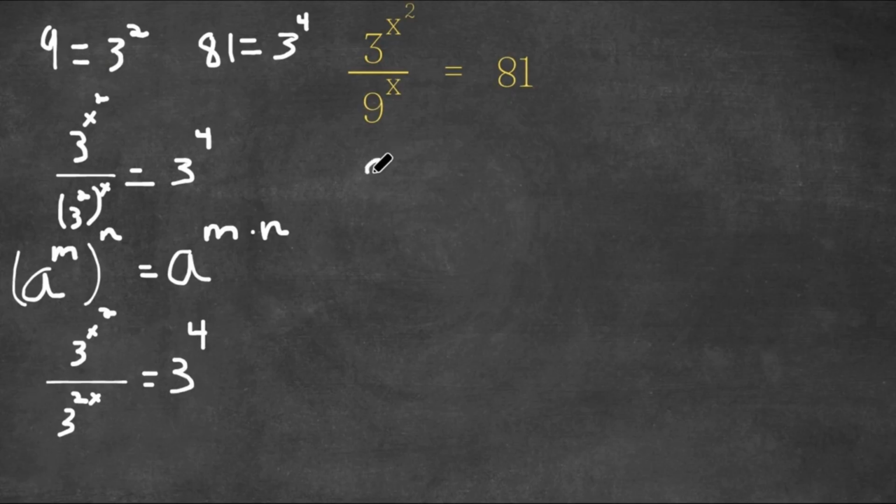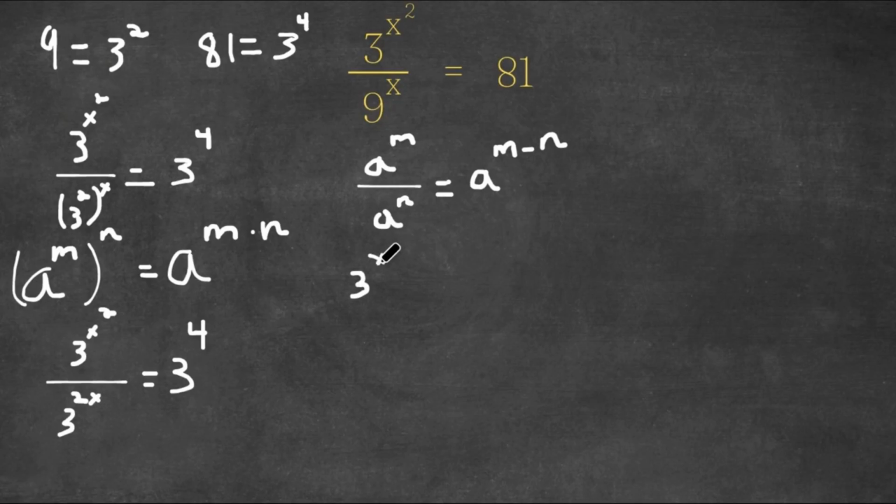Now, if we have a to the power of m over a to the power of n, so essentially dividing exponents, this would equal a to the power of m minus n. This is a basic property of exponents. So right here we have 3 to the power of x squared over 3 to the power of 2x. Well, this would equal 3 to the power of x squared minus 2x.